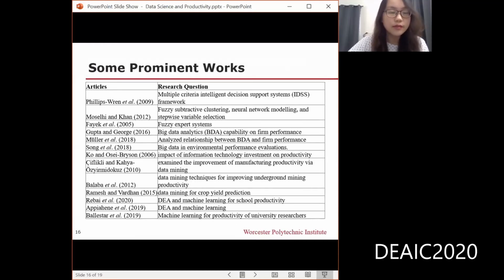Next, we discuss in detail some prominent works in data science and productivity. Starting from Felix Run et al., 2009, they proposed and implemented an enhanced multiple criteria framework for intelligent decision support systems evaluations.